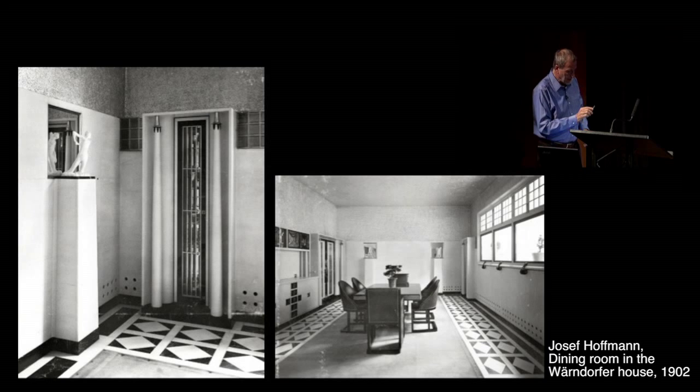So, even before founding the Wiener Werkstätte, a year before, he asks Hoffmann to design the dining room. He asked Mackintosh to design the music room, and he asks Moser to design the gallery space.